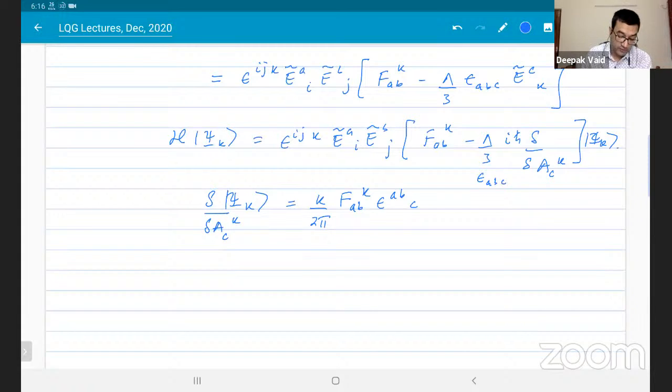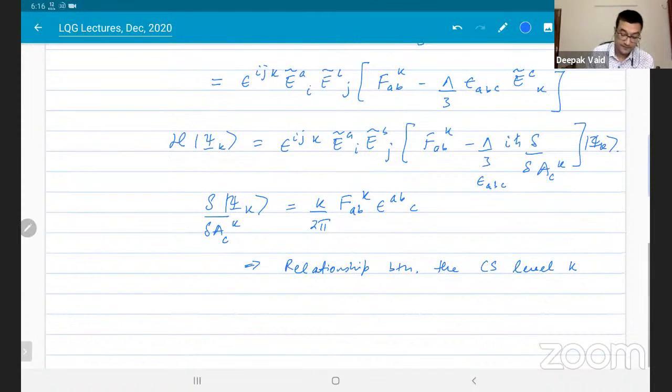So here, what happens is that there is a relationship between the Chern-Simons level, right? This K is called the Chern-Simons level K, and the cosmological constant lambda.